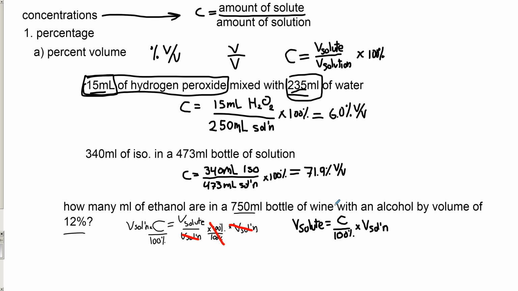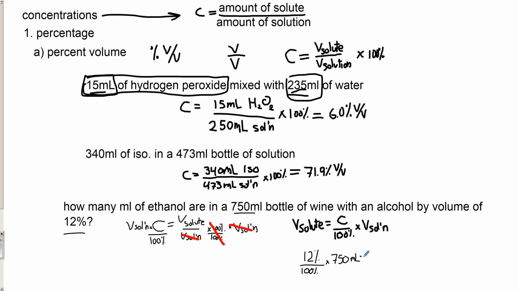So our numbers are, concentration was 12% divided by 100% multiplied by 750 milliliters, and that will give us our volume of solute.